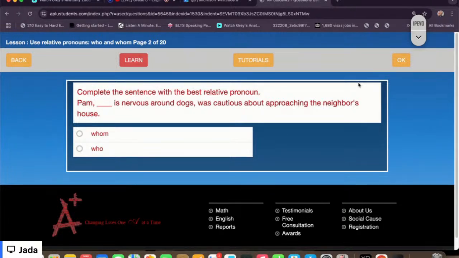Okay? So, Pam, dash, is nervous around dogs, was cautious about approaching the neighbor's house.